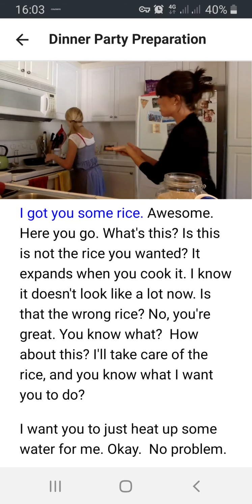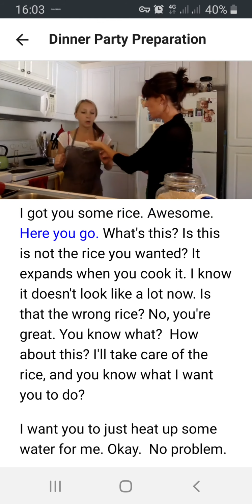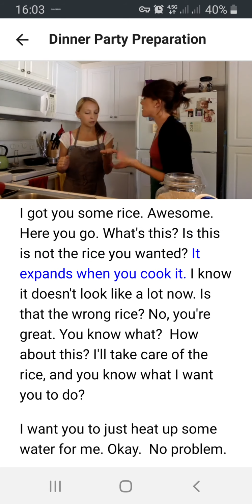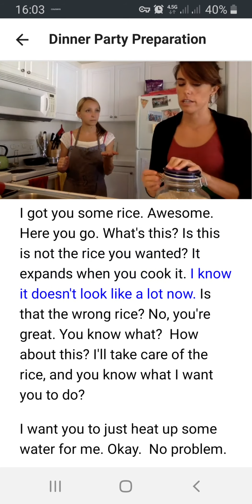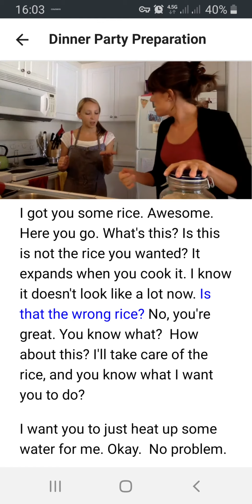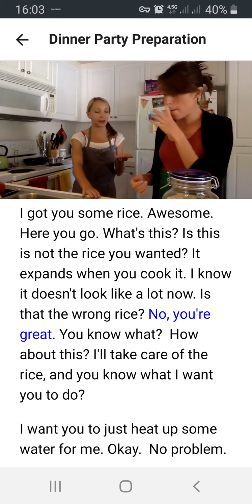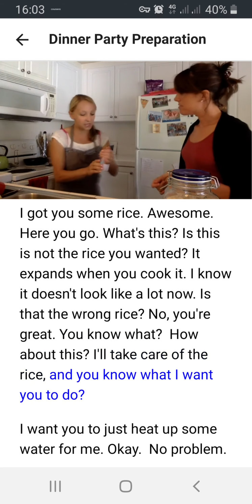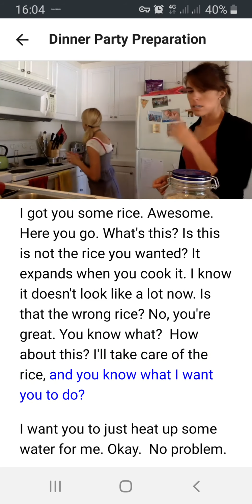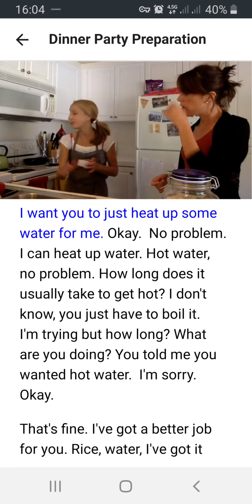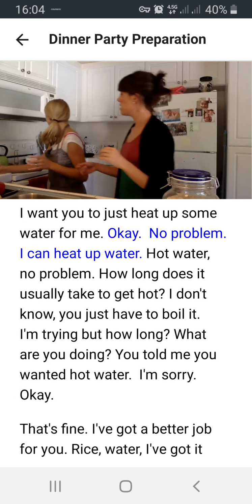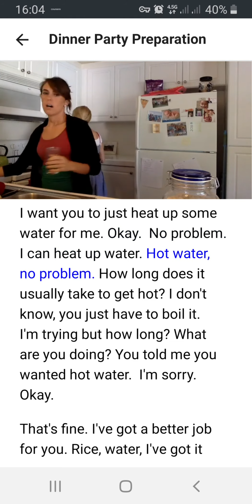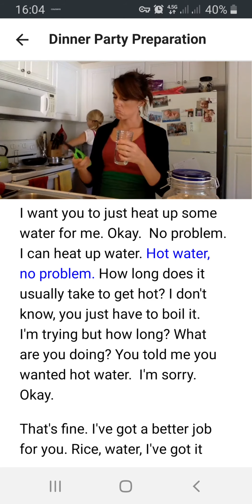Okay. I got you some rice. Here you go. What's this? Is this not the rice you wanted? I mean, it expands when you cook it, so I know it doesn't look like a lot now. Is that the wrong kind of rice? How about this? I'll take care of the rice. I want you to just heat up some water for me. Okay, no problem. I can heat up water.